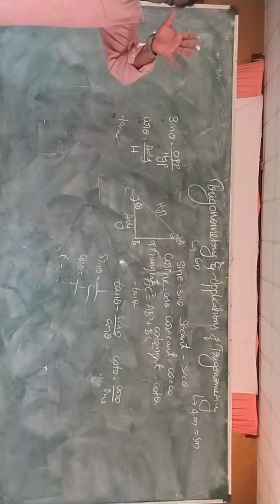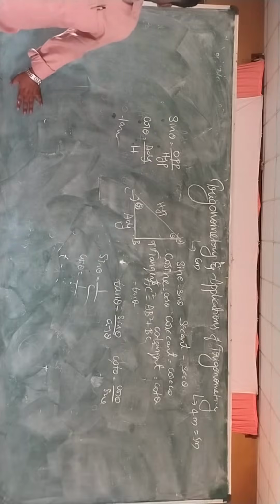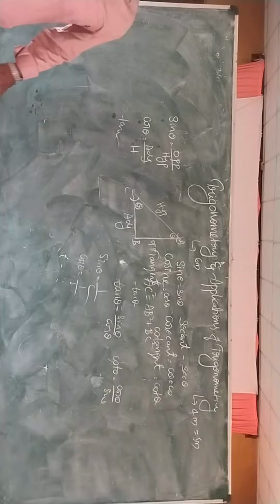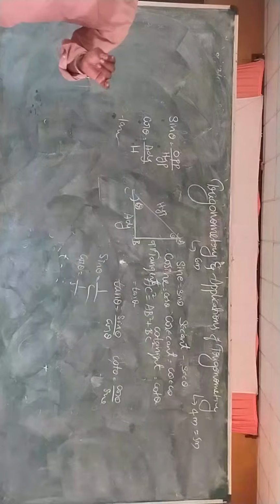After this, standard angles. Sin 0 is 0. Sin 30 is half, 1 upon 2. Sin 45 is 1 upon root 2. Sin 60 is root 3 upon 2. Sin 90 is 1. And cos 0 is 1, cos 30 is root 3 upon 2, and cos 90 is 0, so in cos it is reverse.